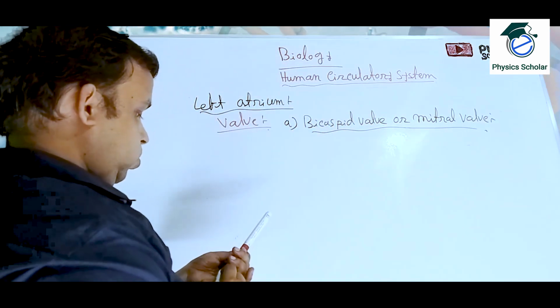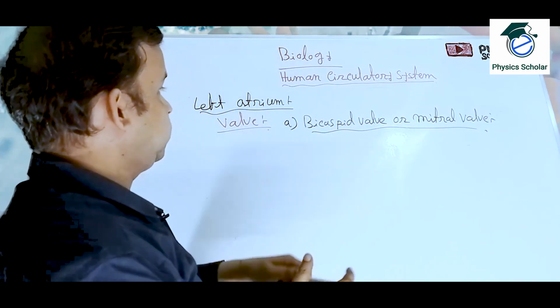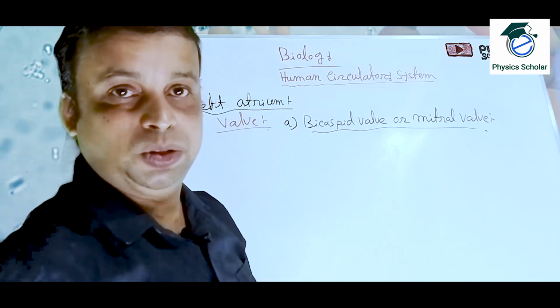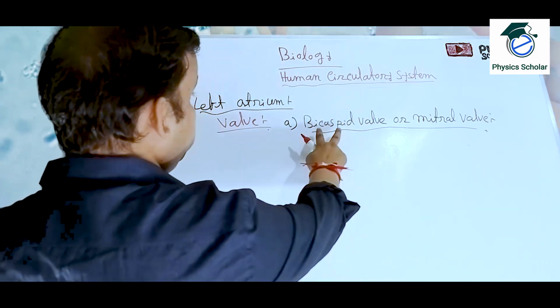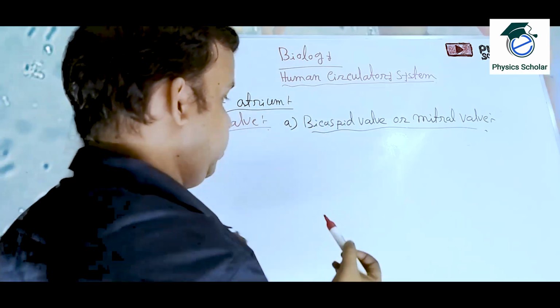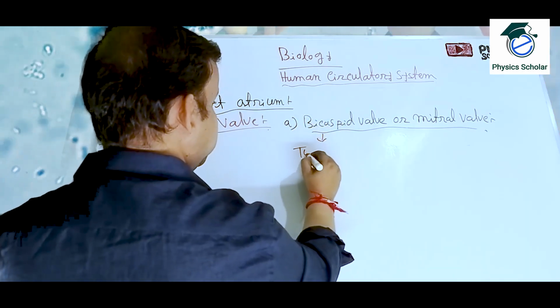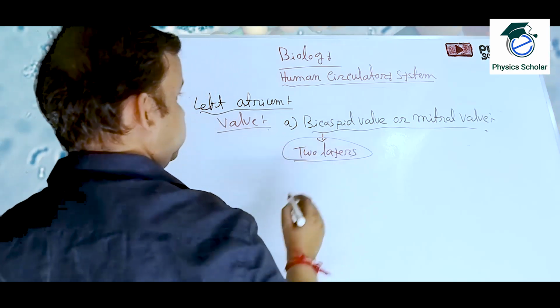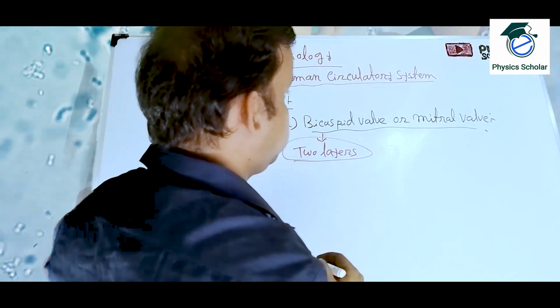Bicuspid, bi means what? 2. So that means 2 layers are there in this valve. Clear? This valve is also known as the mitral valve.